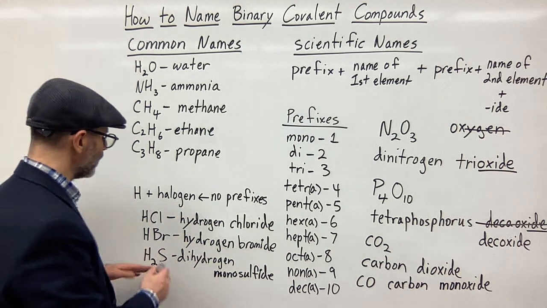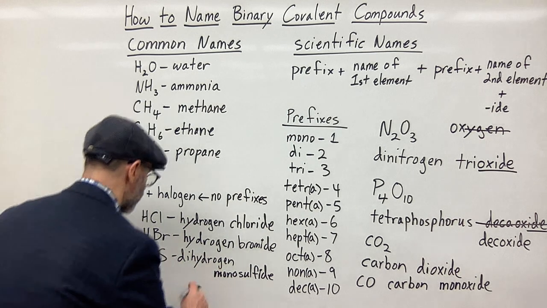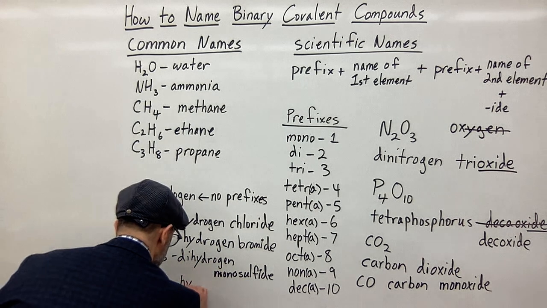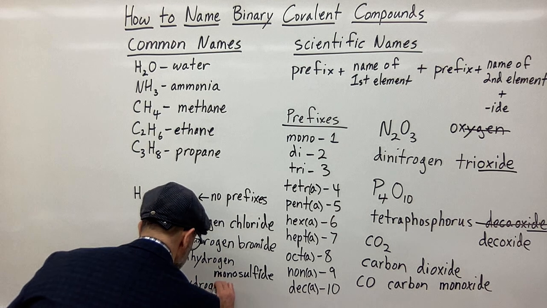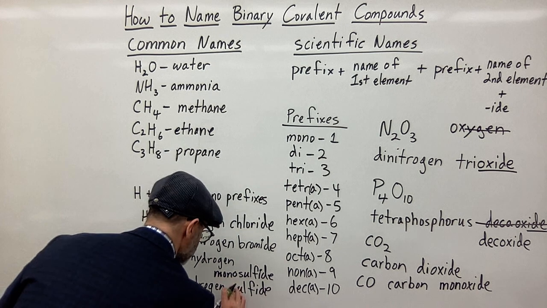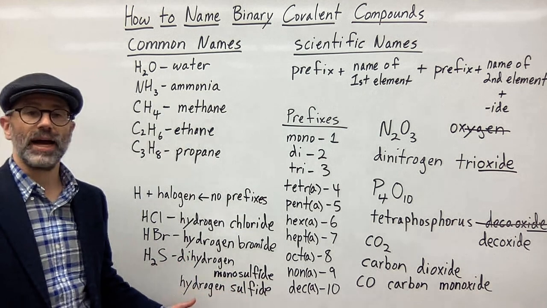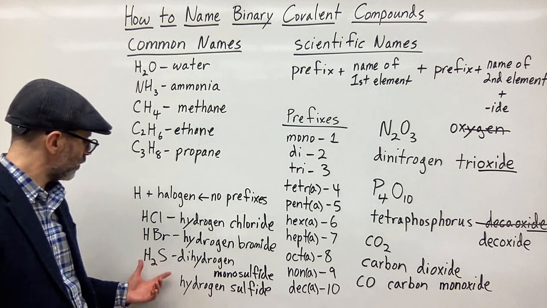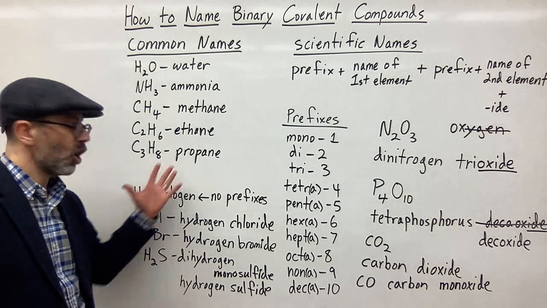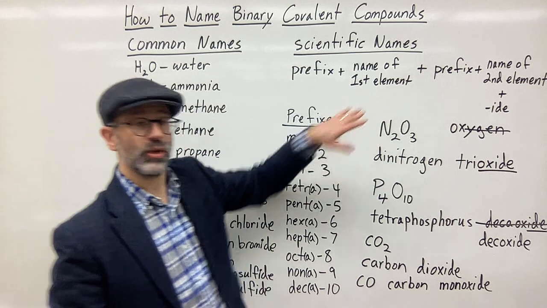So instead of having di and mono, you could just drop those and just call it hydrogen sulfide. Hydrogen sulfide is a common name for this substance as well. So these are kind of exceptions to this rule here.